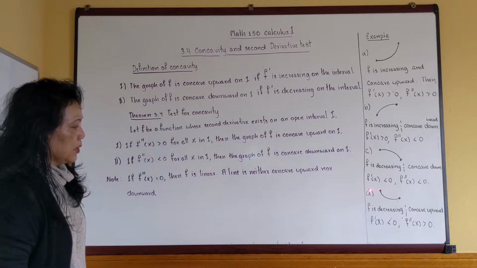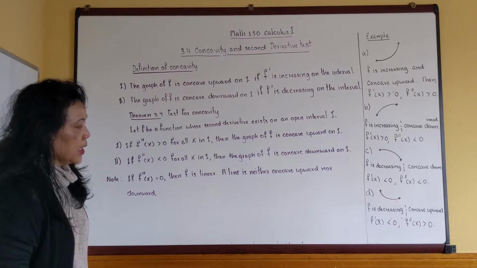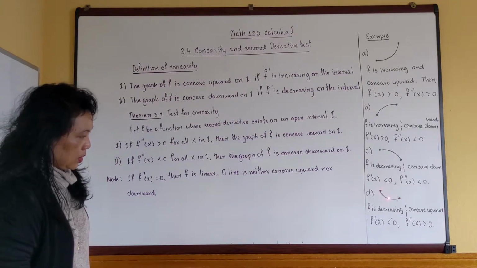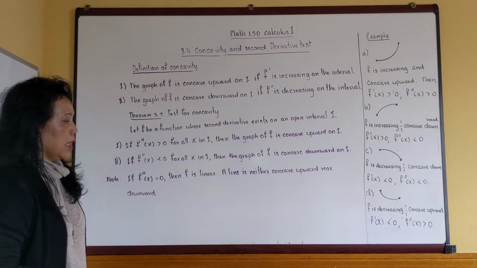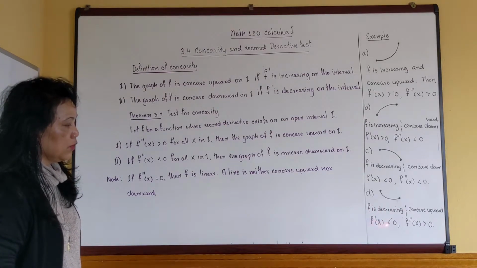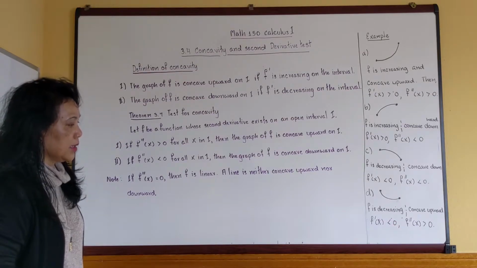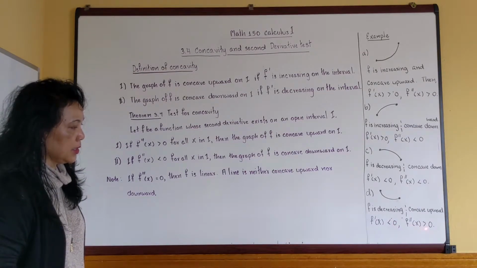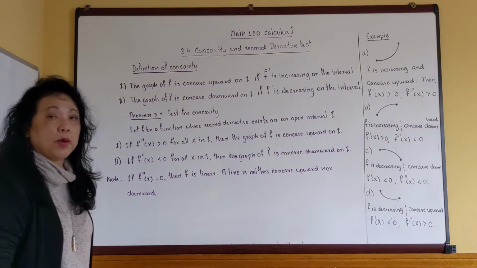Now the last one, the graph is decreasing and concave upward. Because it's decreasing, the first derivative will be less than 0 and the second derivative will be greater than 0 because it's concave upward.